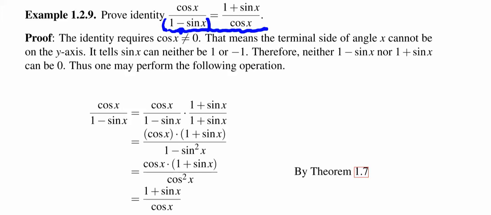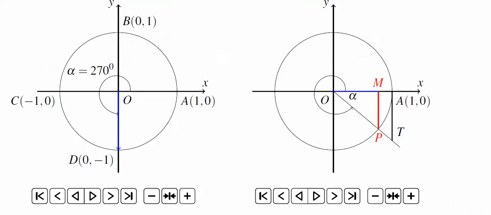First of all, we need to note that cosine x cannot be 0. Cosine x is actually the x-coordinate in the definition of the point on the unit circle.